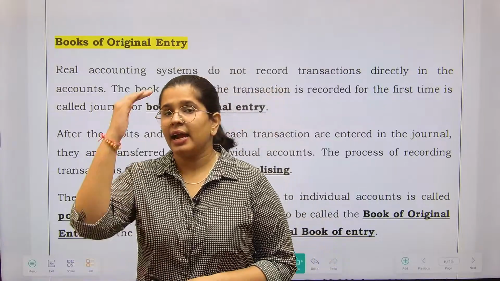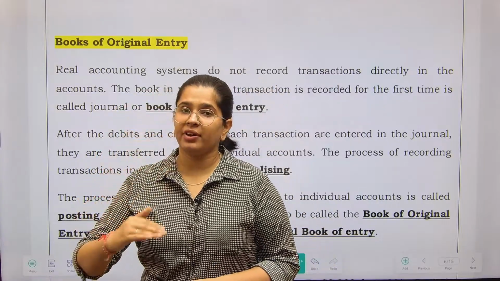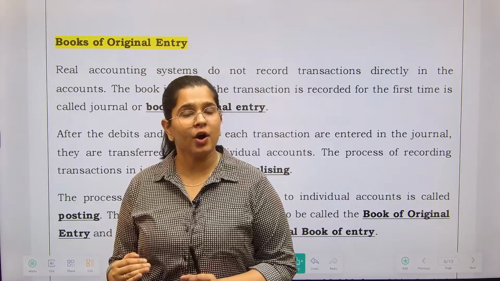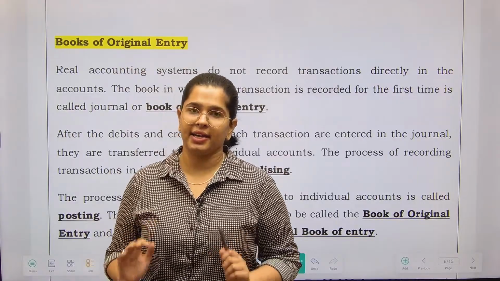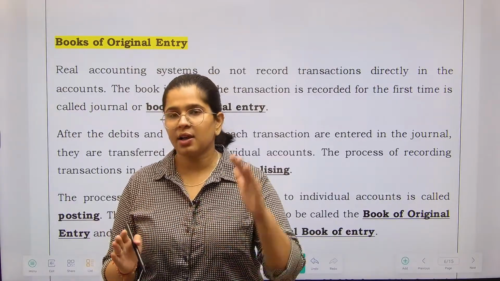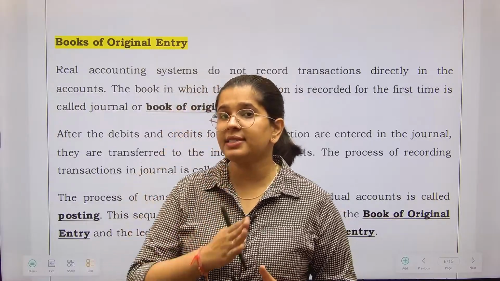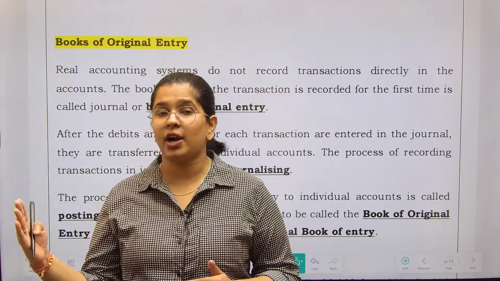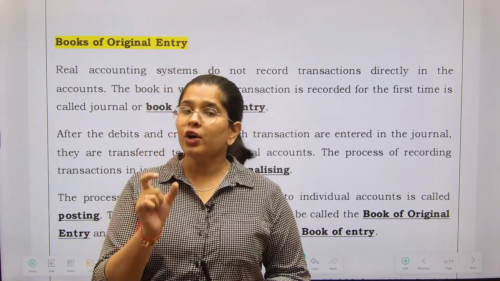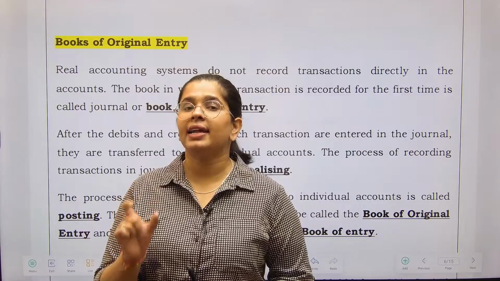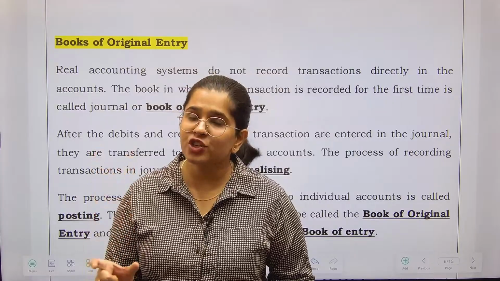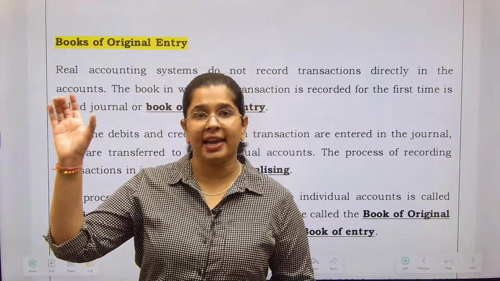So this is like date wise journal entries will be passed depending on the transactions that are taking place. So once all the transactions have taken place, then comes the second book of entry that is called as the ledger. So all the transactions that has happened in cash account का एक ledger बना जाएगा.